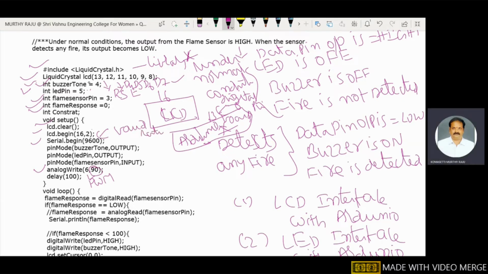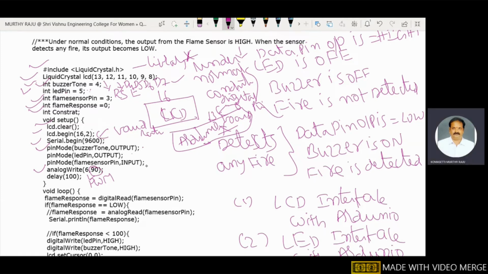Here we use a buzzer tone. Buzzer means fire is detected. The buzzer is on, which indicates some output. Pin mode, buzzer tone output. Next one, whenever fire is detected, the LED is on. The LED is on means output. Here LED pin mode, LED pin output. Pin mode, flame sensor pin input.